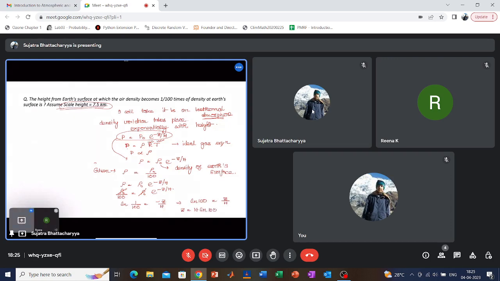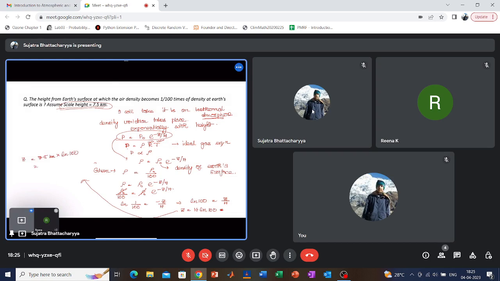Now, I need to find out z. Let me do it somewhere here. Therefore, z will be equal to, given it is 7.5 kilometers, let me write it like that, log of 100. Okay.